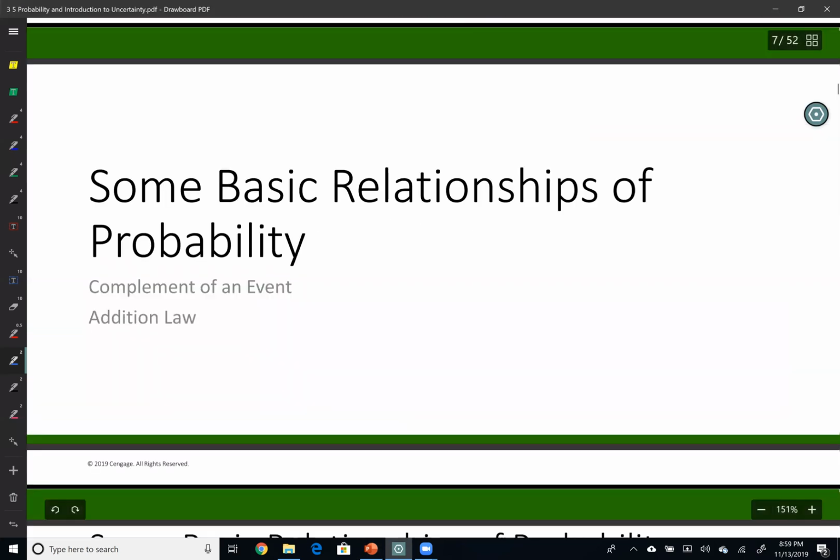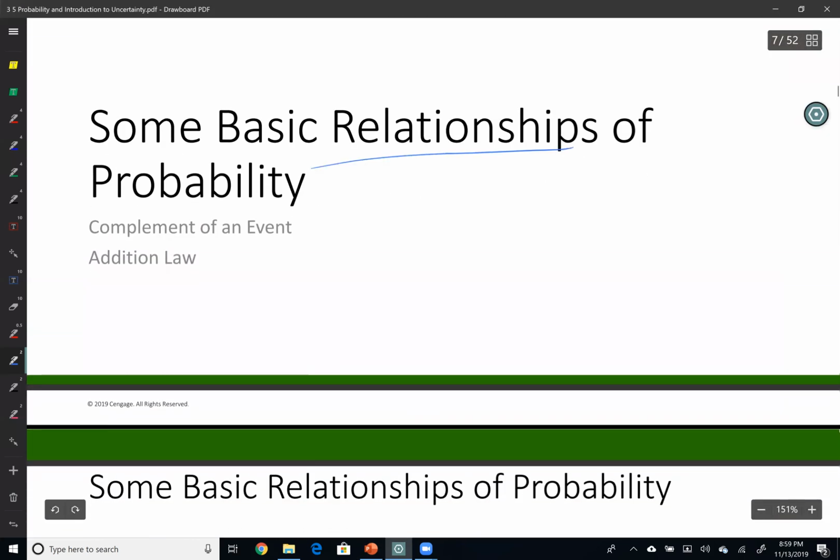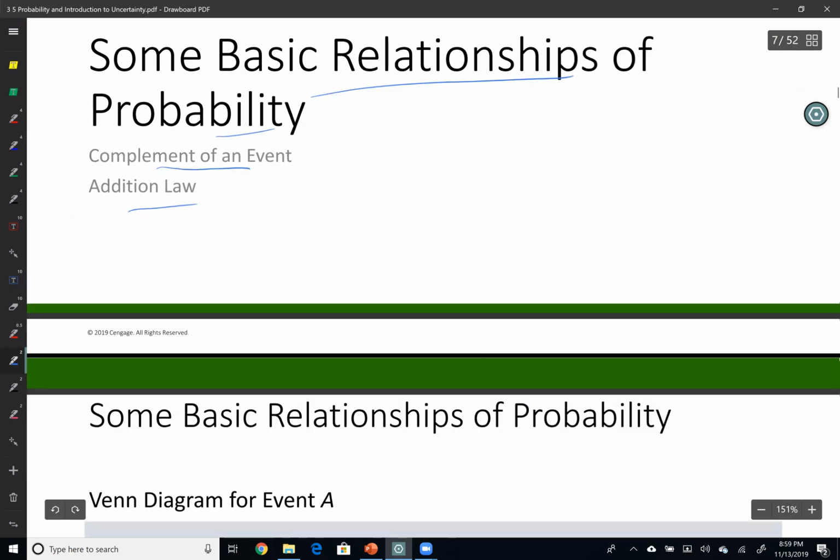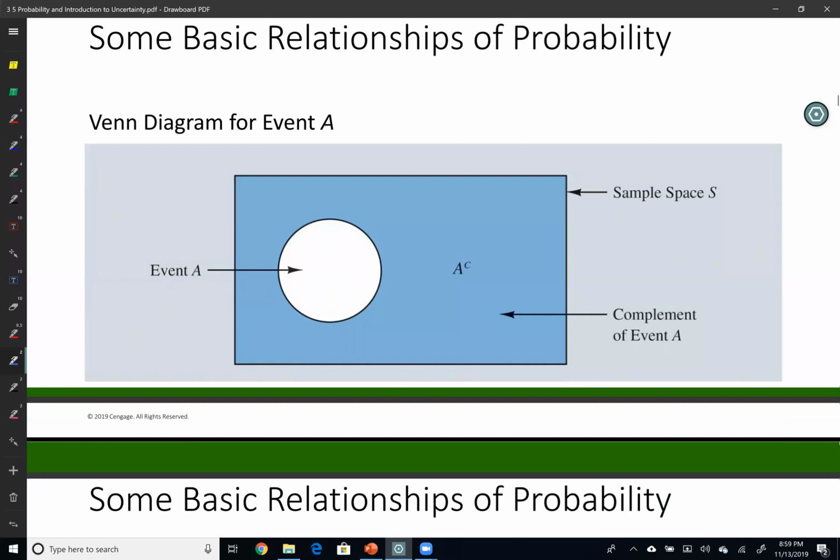So what I would like to talk about now is some basic relationships of probability, such as complement of an event or addition law. So take a look at this diagram. You can see that there is an event called event A, and complement of event A and event A together will create my sample space.